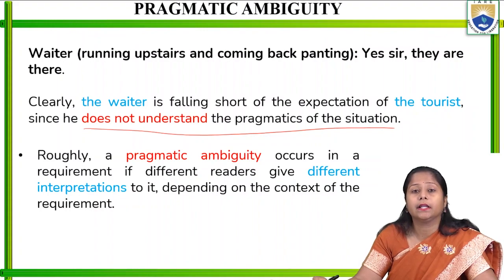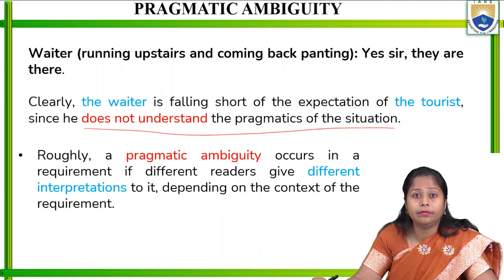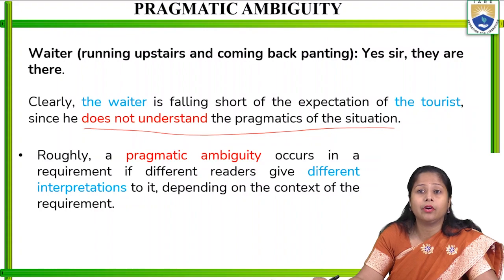The tourist said three sentences to the waiter, but in that context the waiter interprets only, "Yes sir, they are there." What is there means the sandals are there, he is going late, whatever. In these situations, the waiter first has to classify what the pragmatics is, then he needs to interpret.